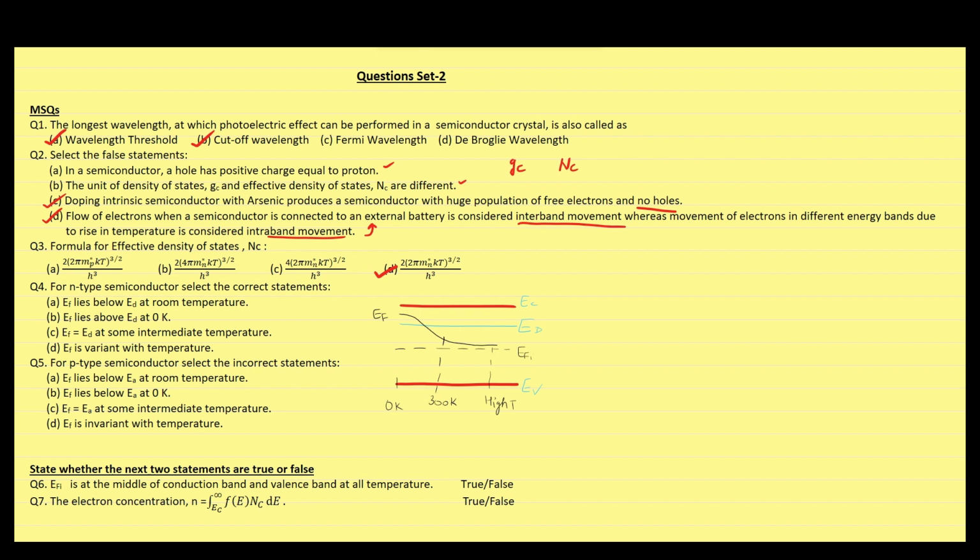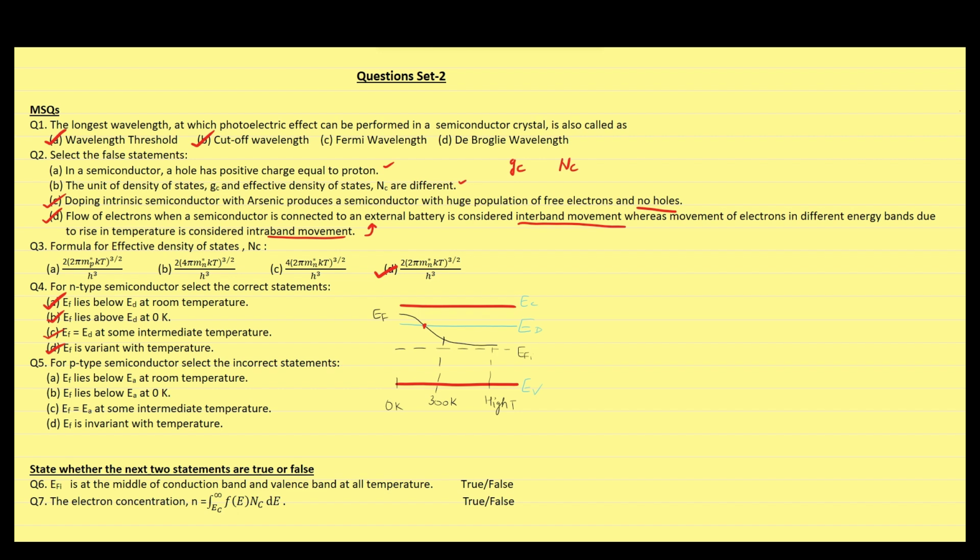Now, first option, EF lies below ED at room temperature. This is true. EF lies above ED at 0 Kelvin. This is also true. EF is equal to ED at some intermediate temperature. This is also true. EF is variant with temperature. Obviously, you can see that as we increase the temperature, then the position of the Fermi energy level EF also changes. Therefore, this is also true.